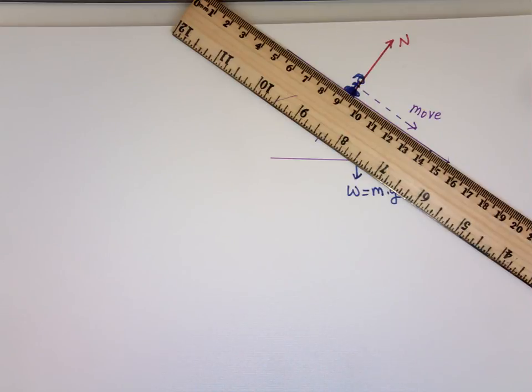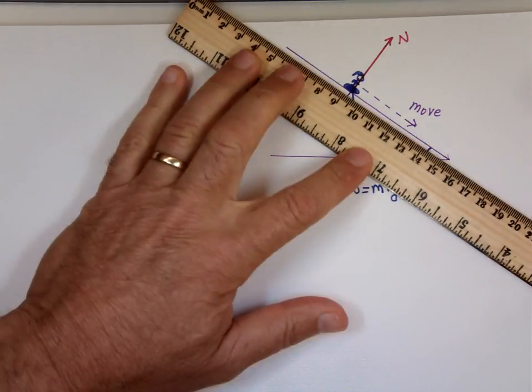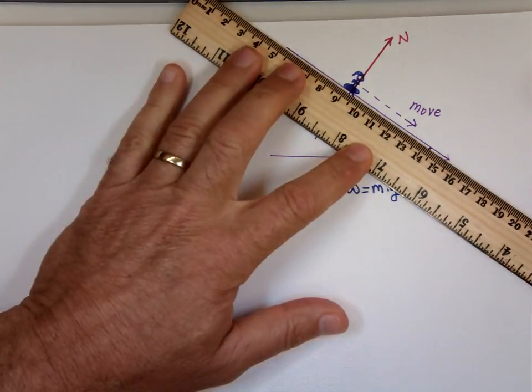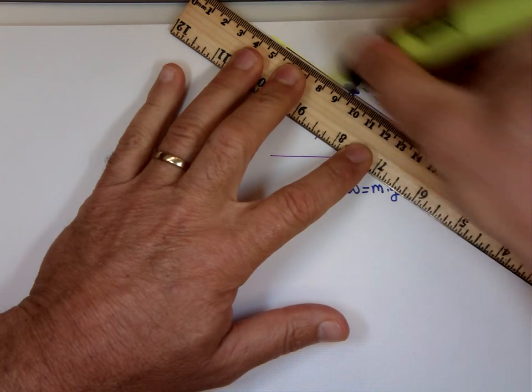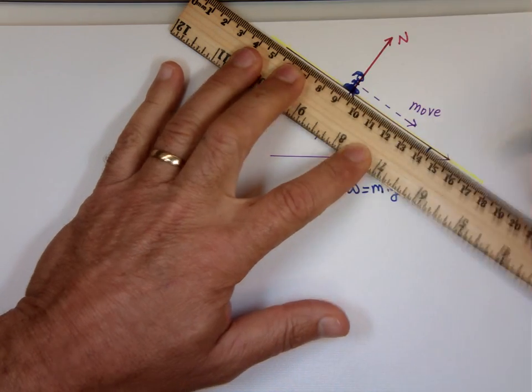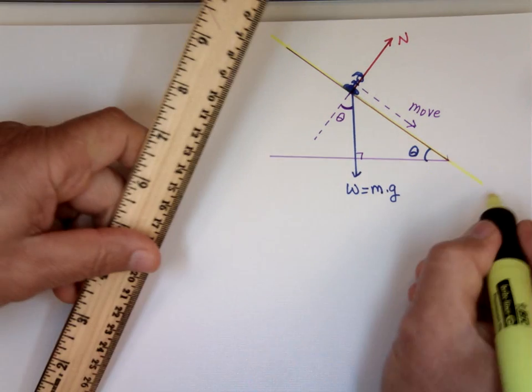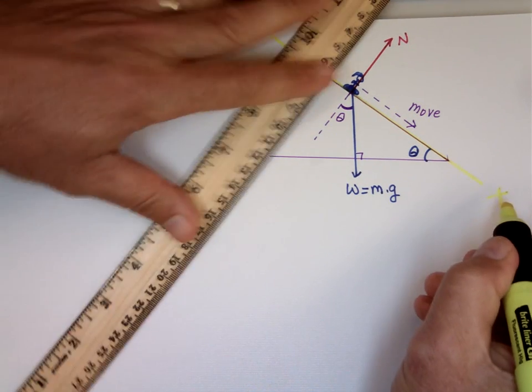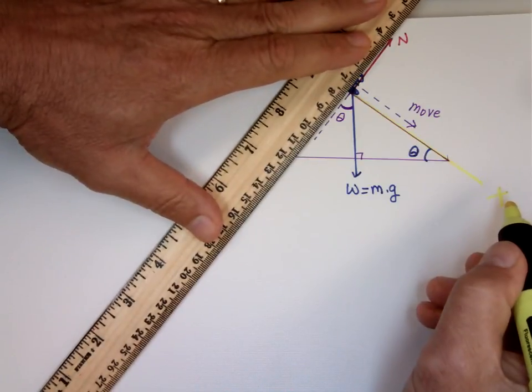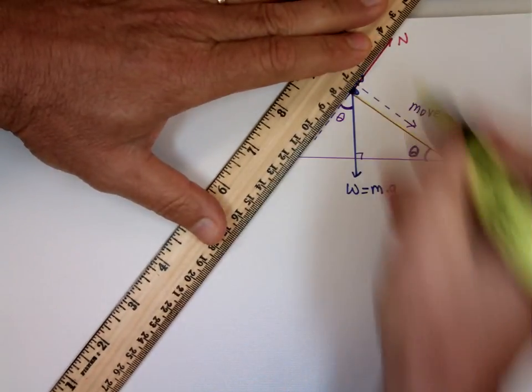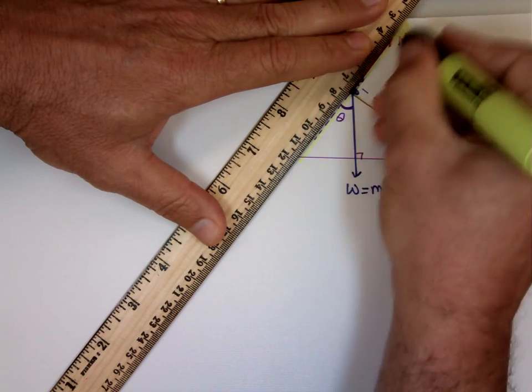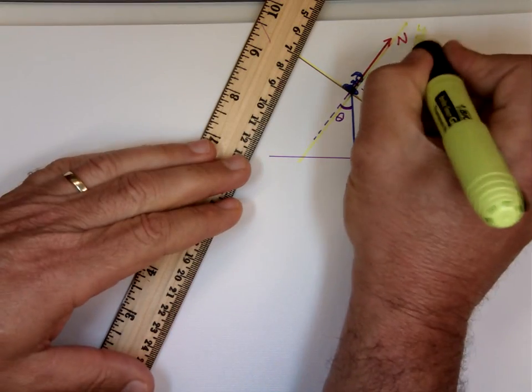Can you see the yellow? This is my x-axis, and this is my y-axis.